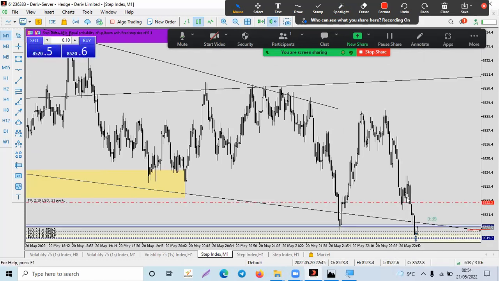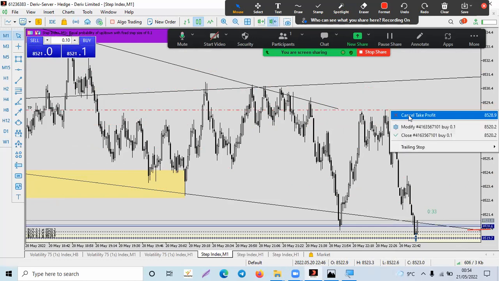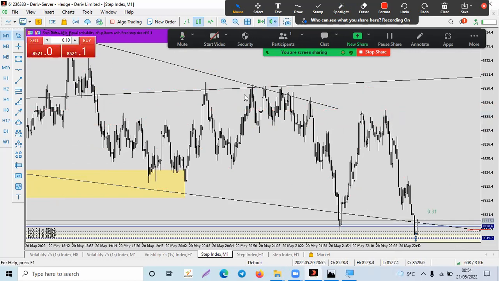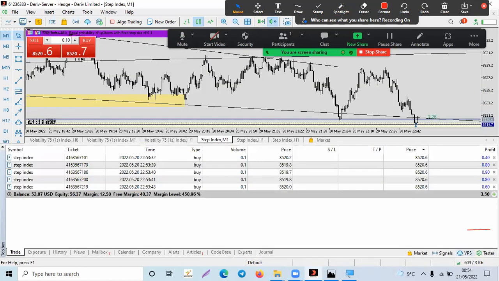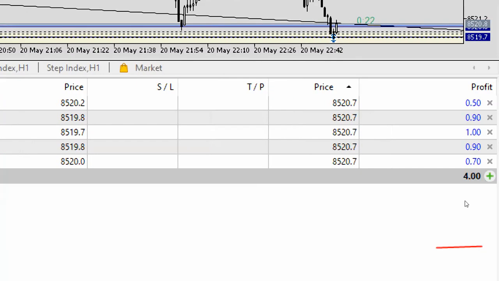Look, minimum lot, if we were to go there, we'll be making $8. That's quite a lot. Look, already $3. That's something. Who can give you this amount? No one.